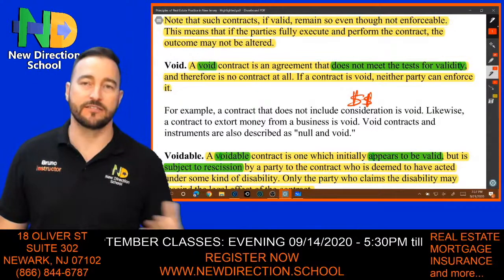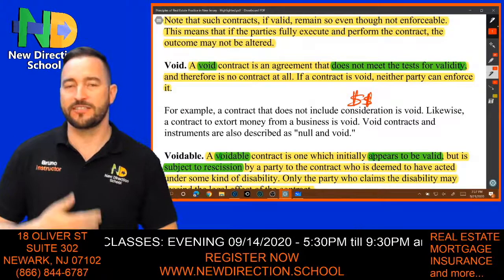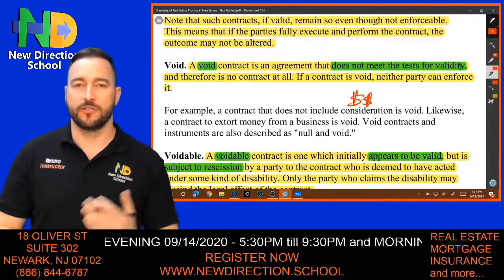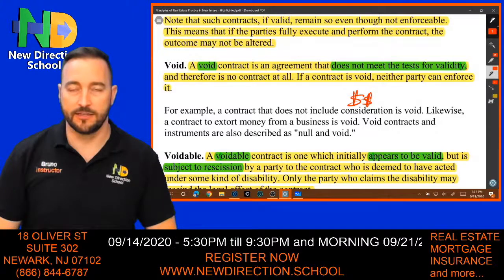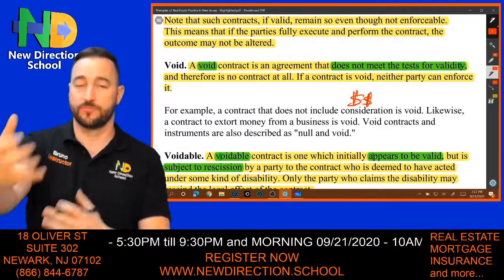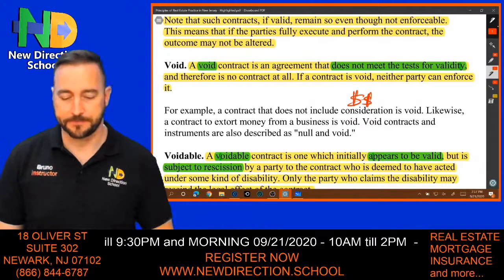So if it doesn't include an exchange, then it's void. Because if I sell you something and I don't get paid for it, then there's no consideration. If you give me money and I don't give you anything in exchange, so I don't provide the service, or I don't sell you the house or transfer the house, then it's a void contract. Give me my money back. Okay.